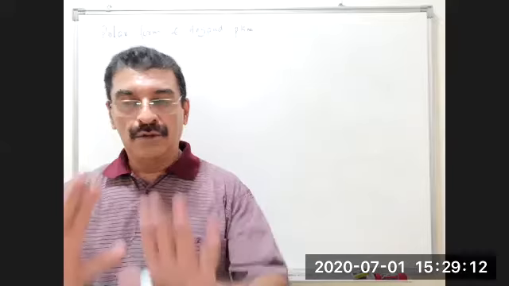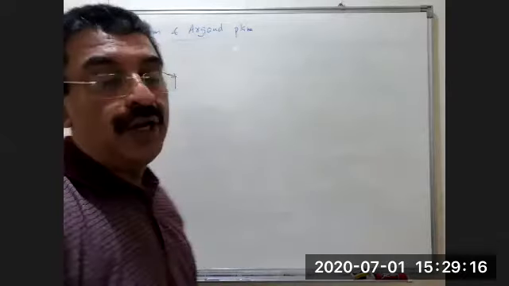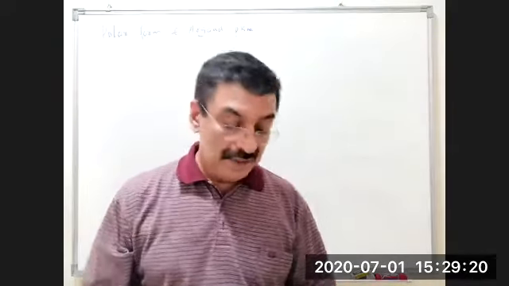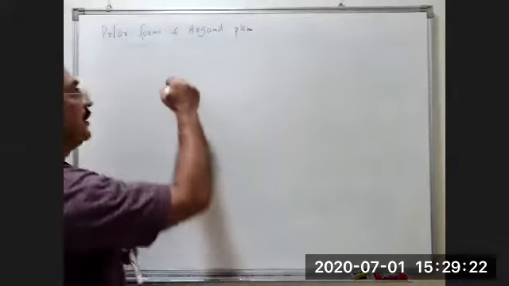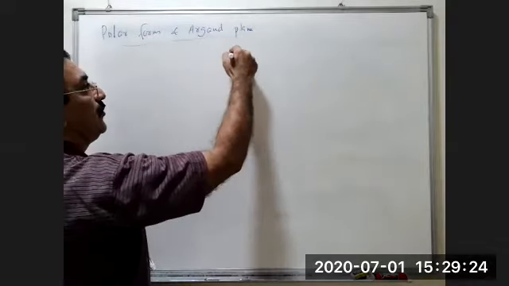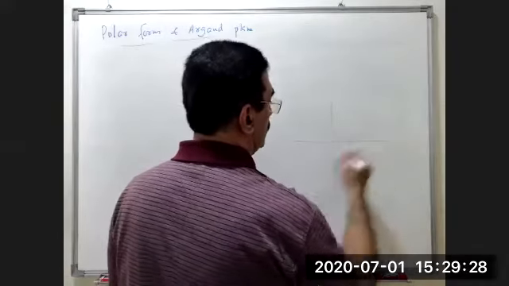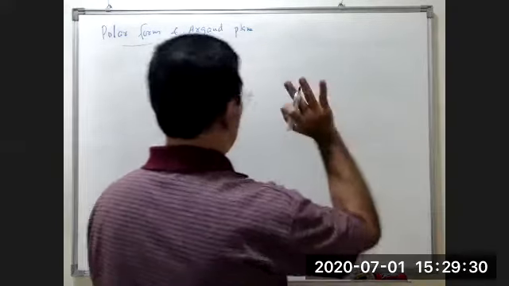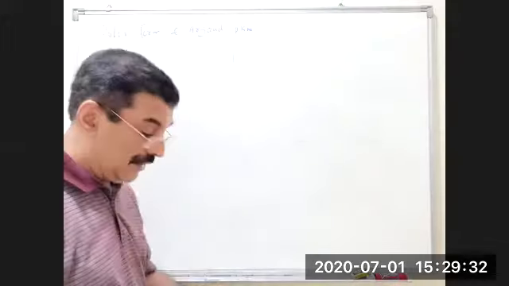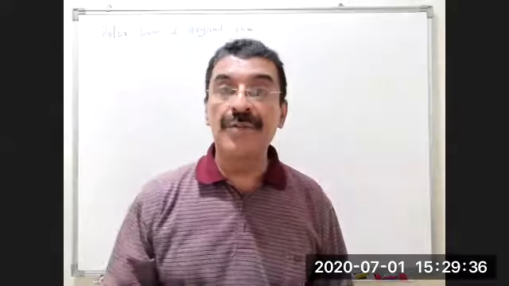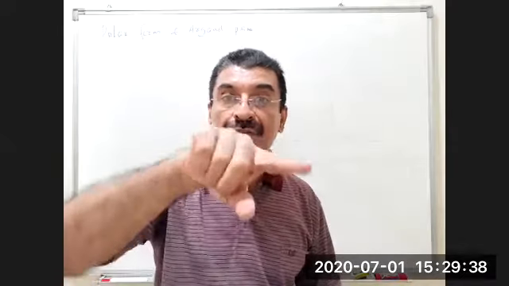Now, listen. Like in trigonometric equations, we have the principal value. In trigonometric equations, the principal solution means the solution coming from 0 to 360.